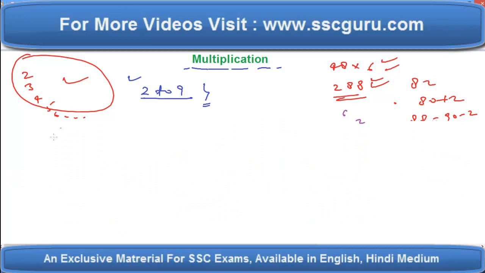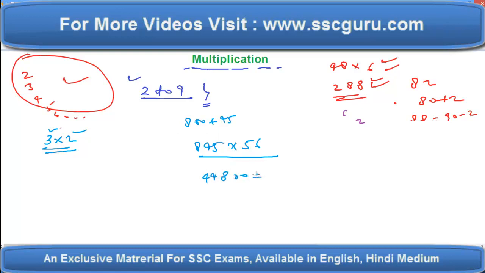Now I take another case. Suppose we have two numbers in 3 into 2 form, a 3-digit number and a 2-digit number, for example 845 into 56. In that case you should assume 845 as 800 plus 45. Multiply 8 into 56 and it will be 44800, plus the product of 45 and 56, which you get by using the previous 2 by 2 Vedic mathematics method.